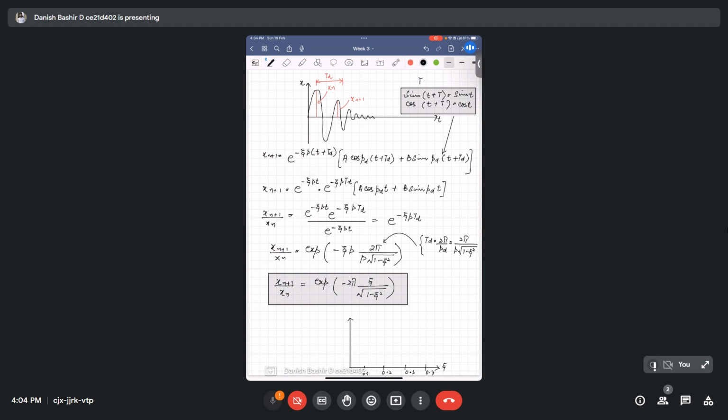So this is xn plus 1 upon xn, and we obtain a graph like this: exponential decay of the motion.